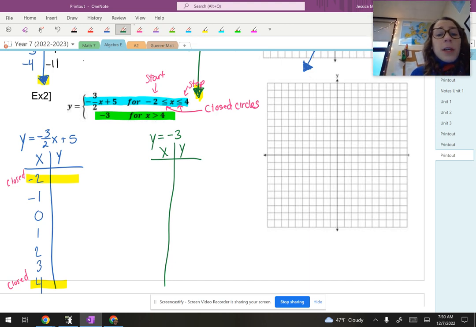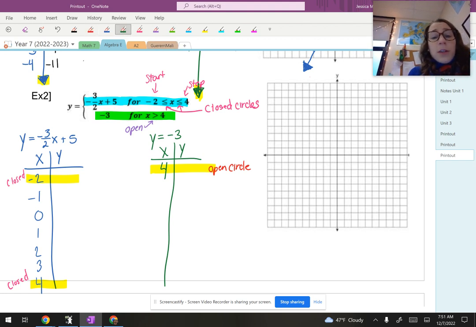Over here, again, we have y for x's that are greater than 4, which makes sense because only that first and last table value are going to overlap, nothing else. So starting with 4, but recognizing that because of that inequality, it's going to be an open circle. And so again, I'm just going to make a note that this is going to be an open circle.